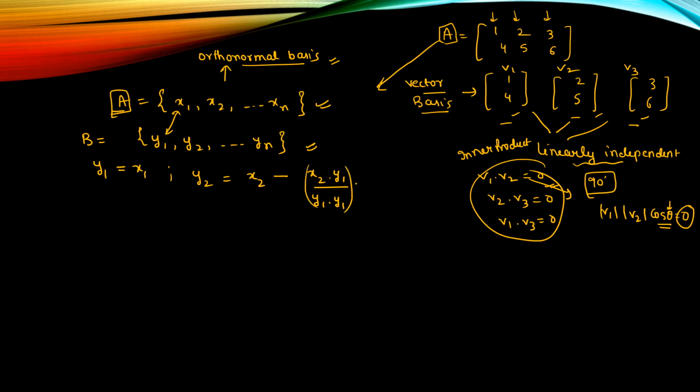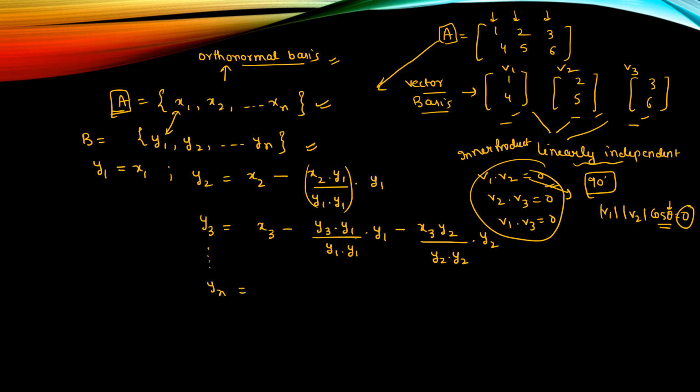Then for y3, the third orthonormal base, that will be x3 minus (x3 dot y1) divided by (y1 dot y1), times y1, minus (x3 dot y2) divided by (y2 dot y2), times y2, and it will keep going like this, up to the last base, yn.